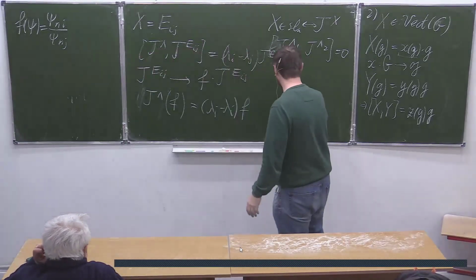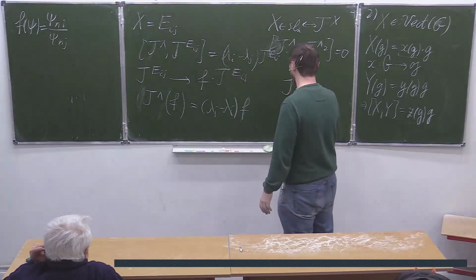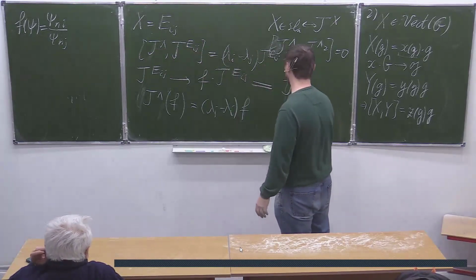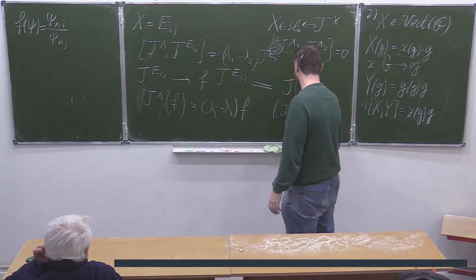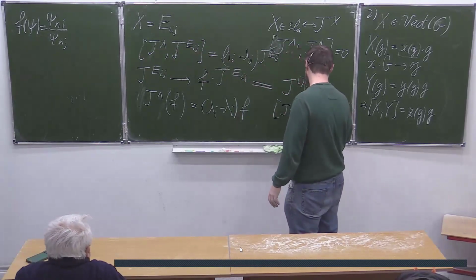I'll denote it by Tij. And I have the condition that T lambda and Tij commute.